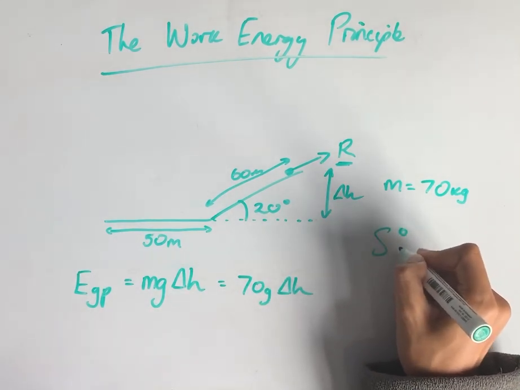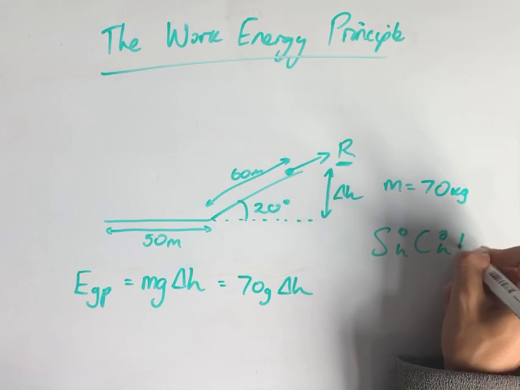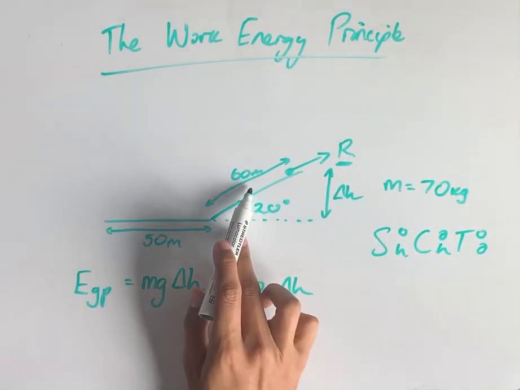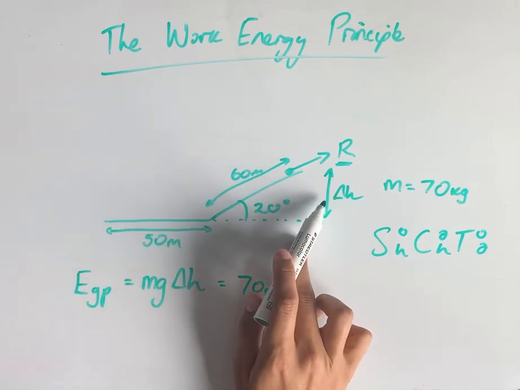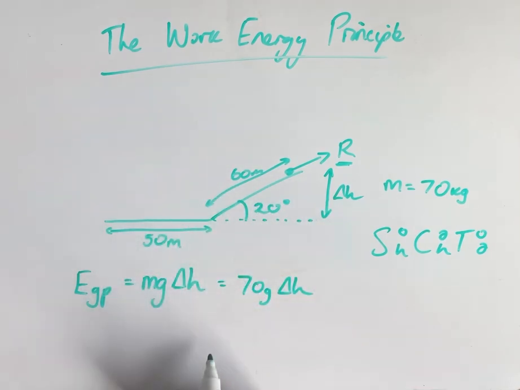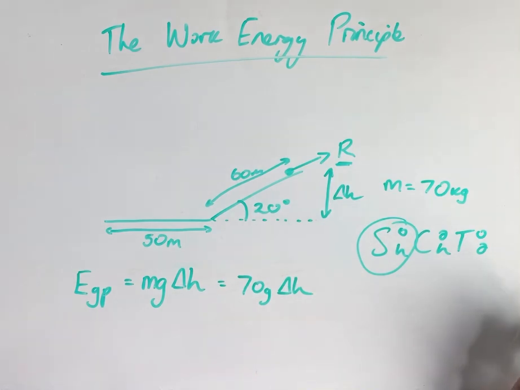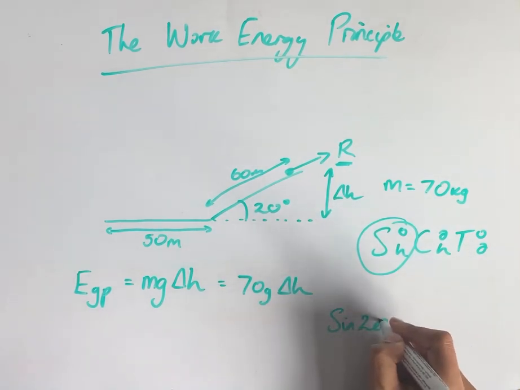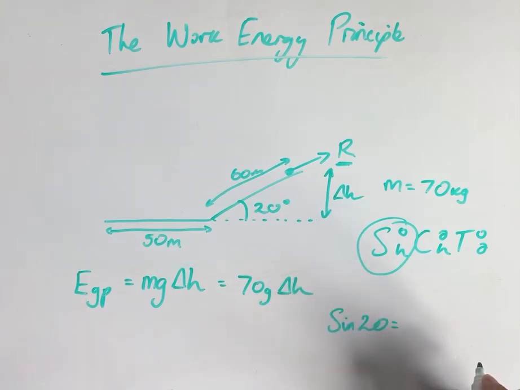We can use SOHCAHTOA. And if we look here, we have the hypotenuse, and we're trying to find out the opposite because the angle is over here. So we will use sine. And so we write sine of 20 equals delta H over 60.